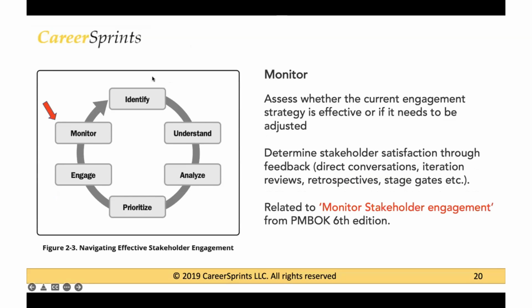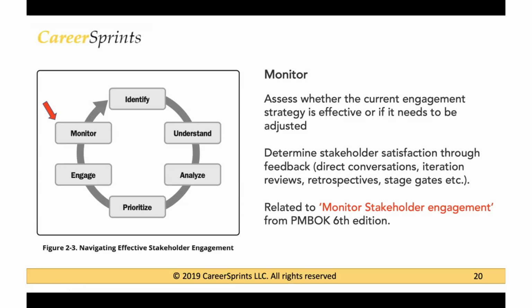Okay. And then finally, you have monitor. So when it comes to monitoring of the information, you will basically assess how the communication is actually happening, right? So what do we mean by this? Once you have sent an email to someone, you should know whether the person read the email.